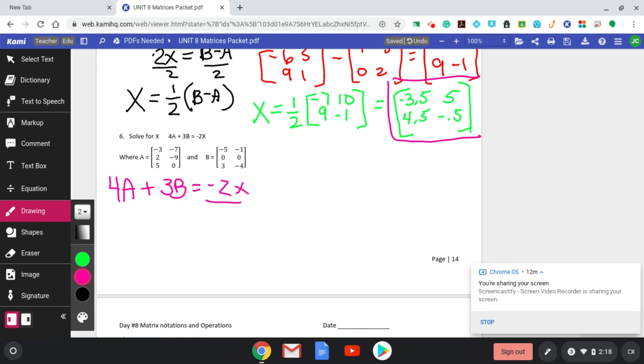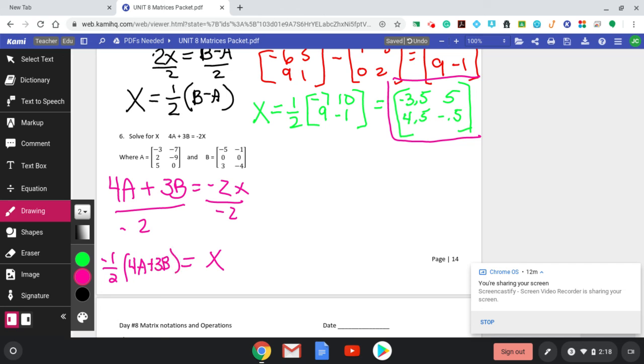So I'm going to divide everything by -2. All right, so X is going to be equal to, again, I'm not a big fan of dividing. You can if you want, but I like multiplying. So -1/2 times 4 times matrix A plus 3 times matrix B.